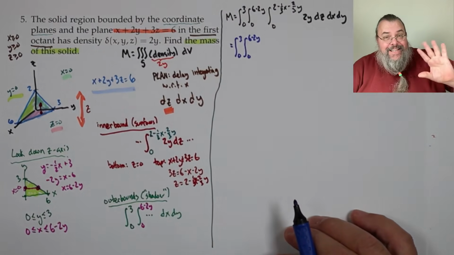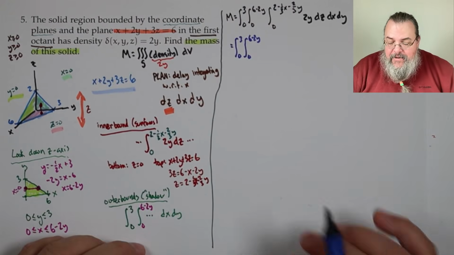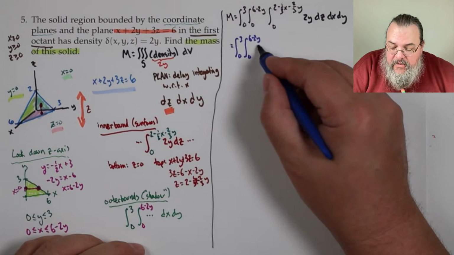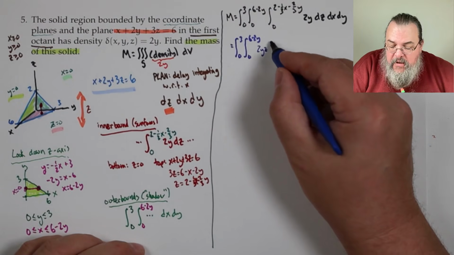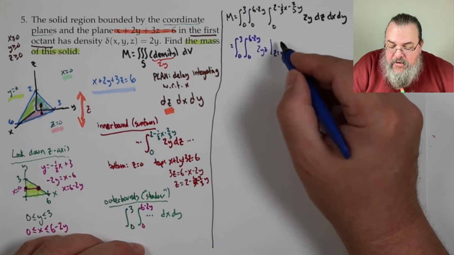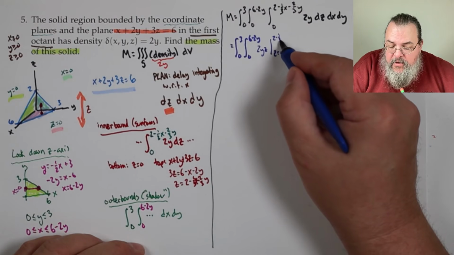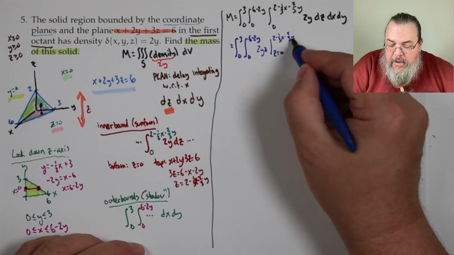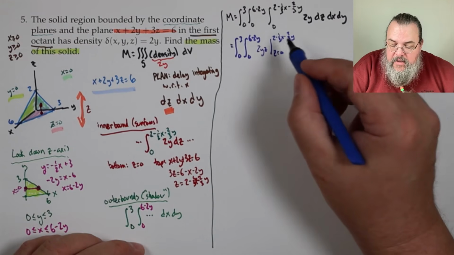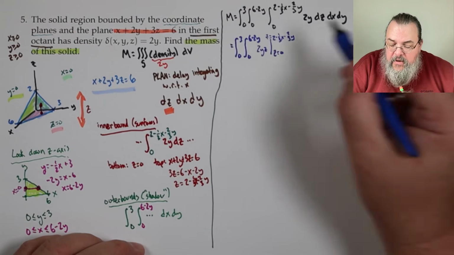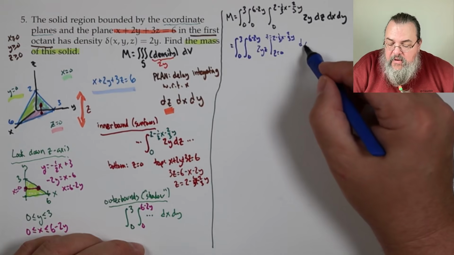That's our plan: delay integrating with respect to y until the very end. So that gives us 2yz, evaluated from z equals 0 to 2 minus 1/3 x minus 2/3 y, and that's dx dy.